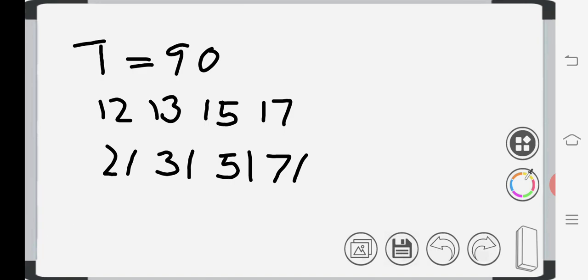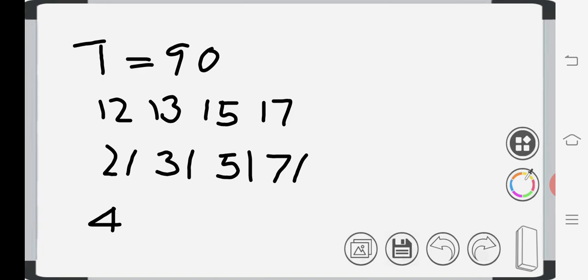And taking products of digits, we get 2 into 1, 2 itself, 3 into 1, 3 itself, 5 into 1, 5 itself, 7 into 1, 7 itself. Thus we get 4 numbers in 2 rows.